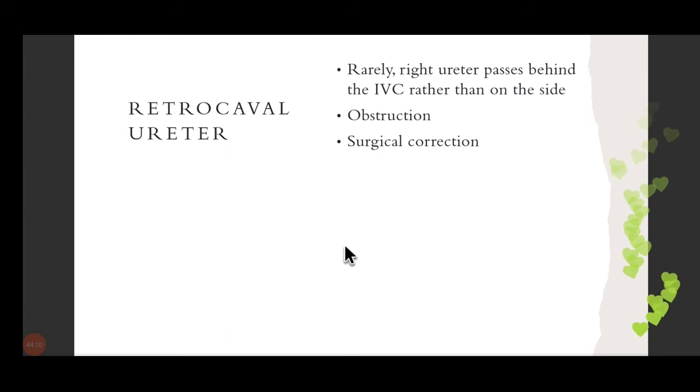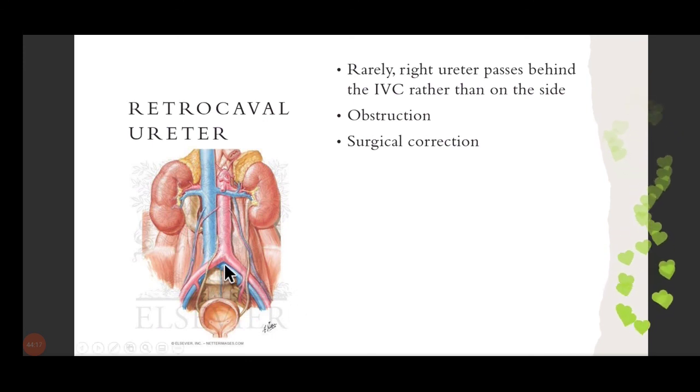Retrocaval ureter, just to touch upon, is a rare pathology where the right ureter passes behind the IVC rather than on the side. So you can appreciate that on the right kidney, this is the ureter, which is massively dilated. It hooks upon the IVC and then goes medially and then inserts, right?